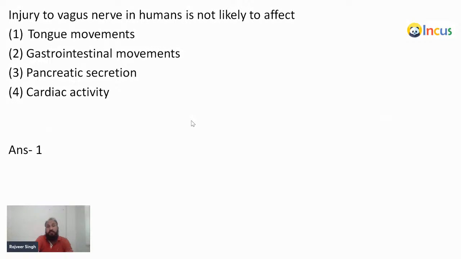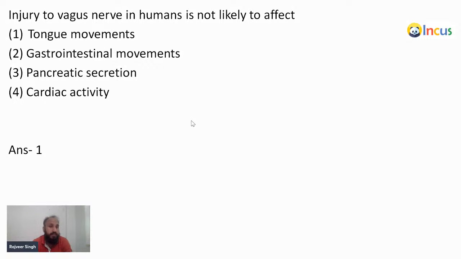Next question: injury to the vagus nerve in humans is not likely to affect tongue movements, gastrointestinal function, pancreatic secretion, or cardiac function. As I told you, the vagus nerve generally has high branching, but it does not reach the tongue, because the glossal nerve is responsible for the tongue.